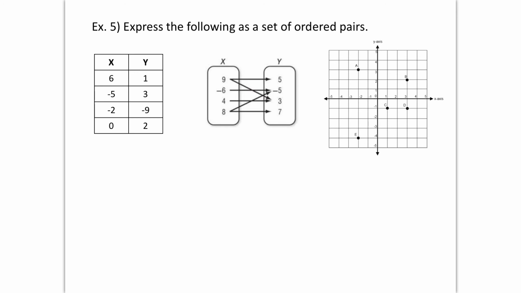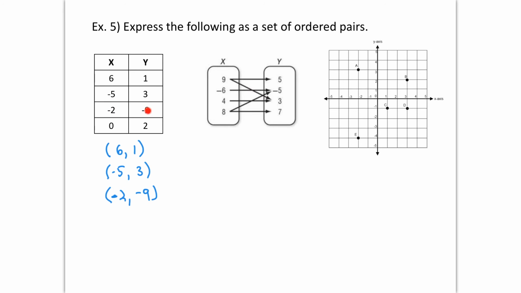So my first point will be (6, 1). There's my x value and my y value. So I'm going to have my parentheses (6, 1). That's an ordered pair. The next one will be (-5, 3). The next one, (-2, -9). So I'm just following what the table says.